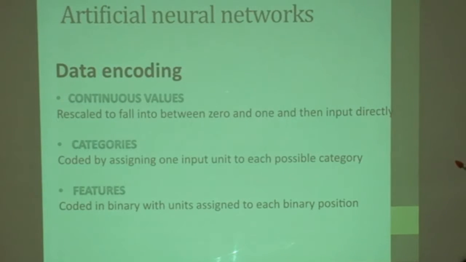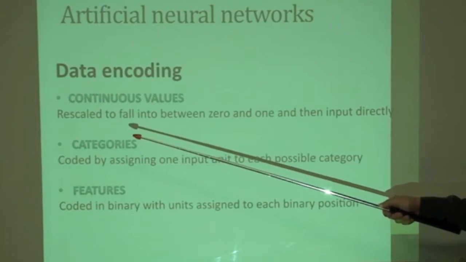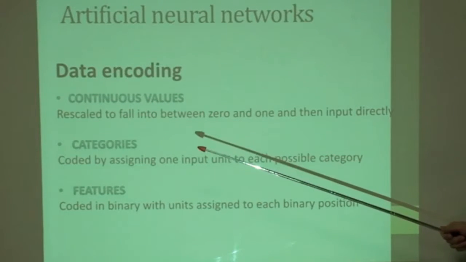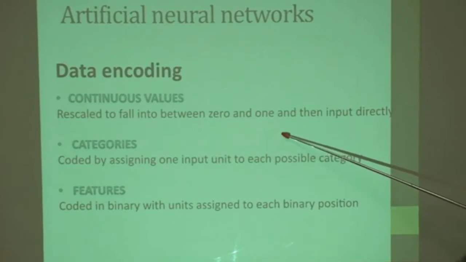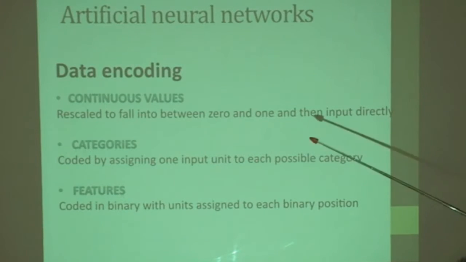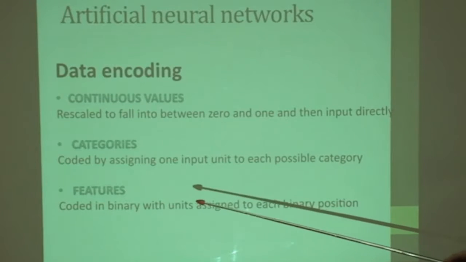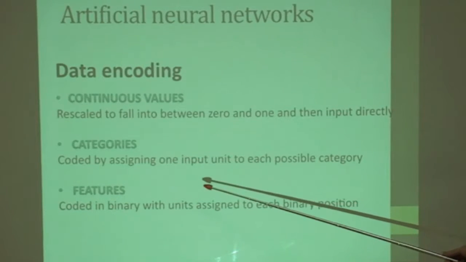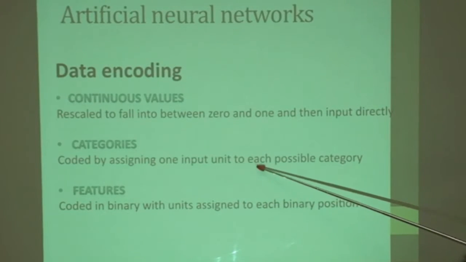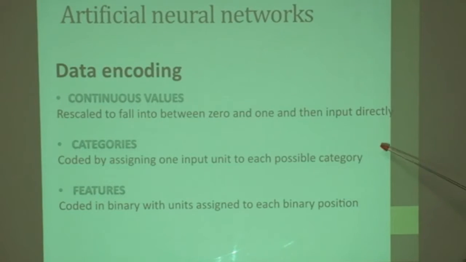And for data coding, we usually follow the following principles. First, for continuous values, we rescale the values to fall between 0 and 1, and then input them directly. Second, if the input data are categories, we code them by assigning one input unit to each possible category.